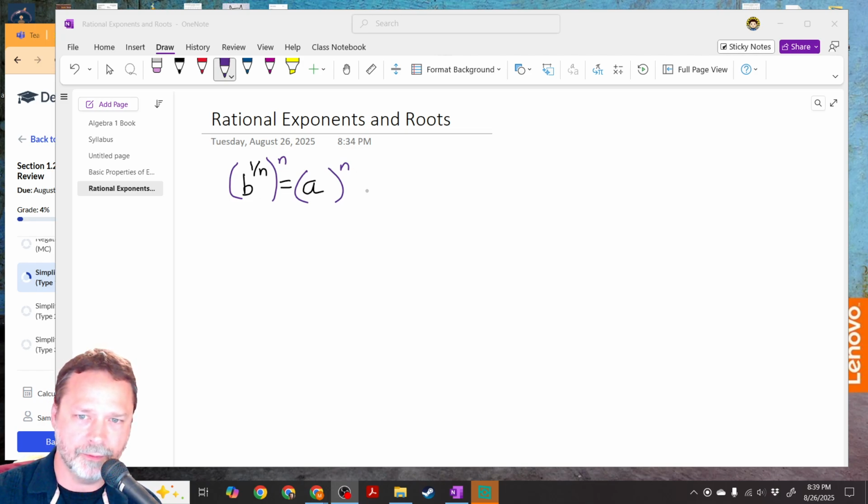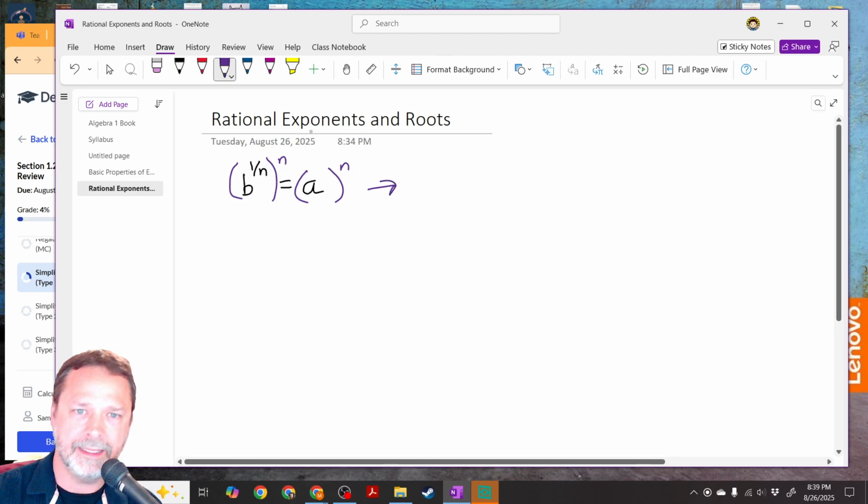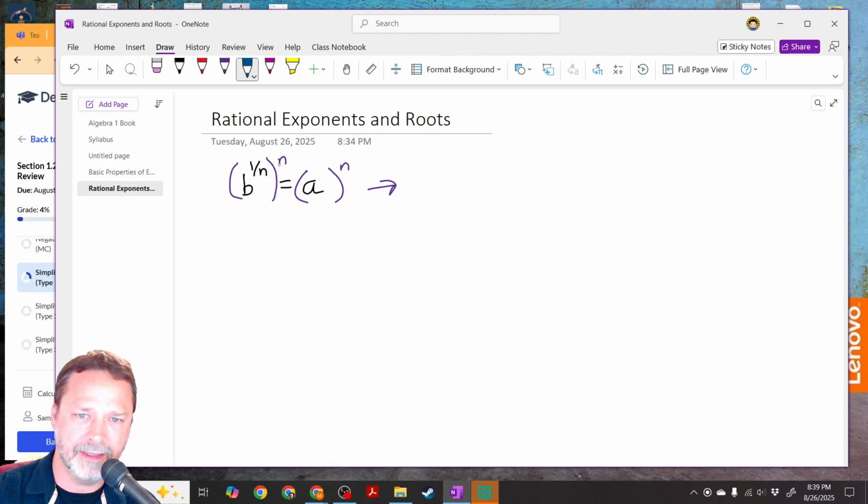Okay. So we can raise both sides to the n. What happens when we do this? We get on this side b to the 1 over n to the n. What happens when you have a power raised by a power? You multiply these. And what's 1 over n times n? That is 1.